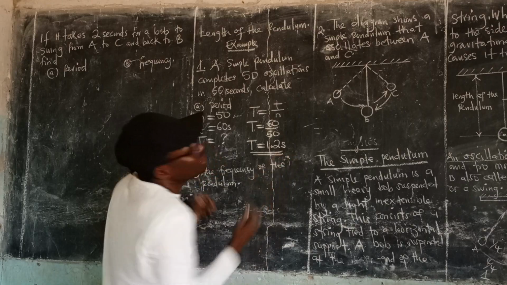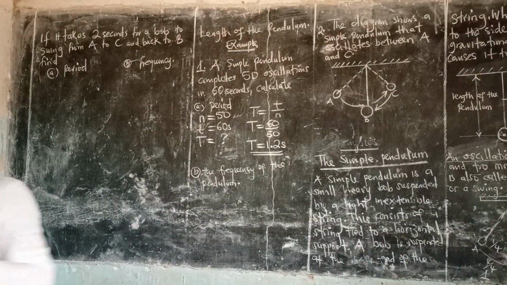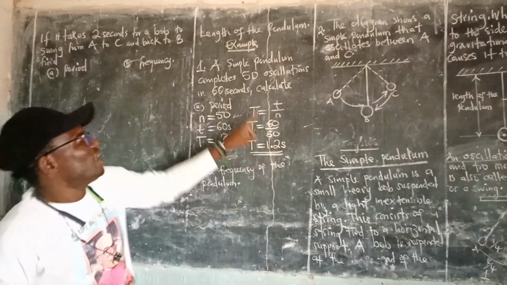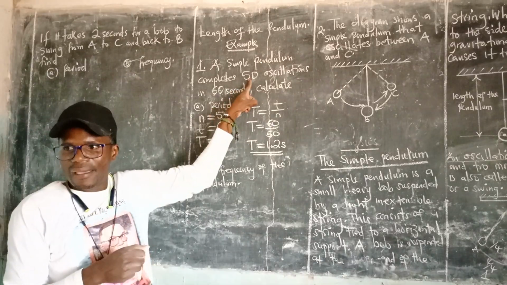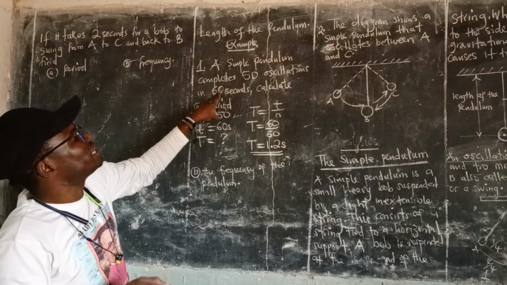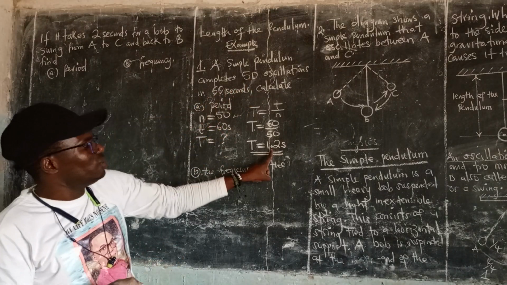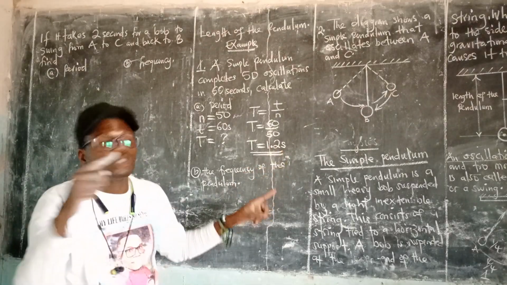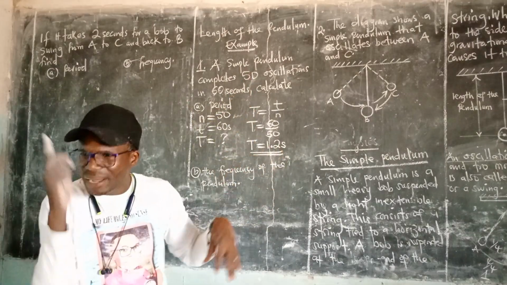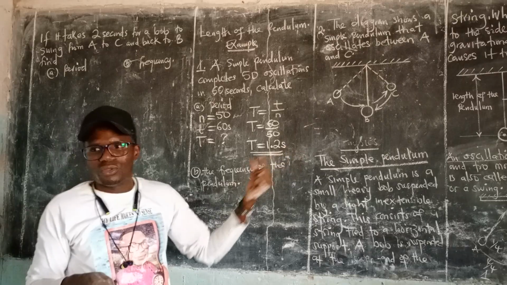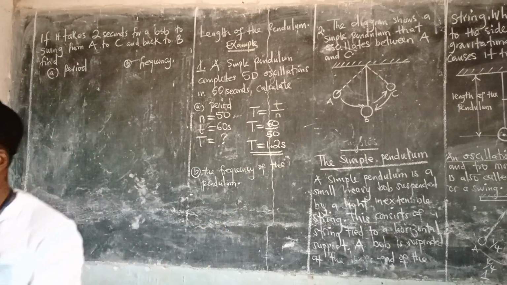So the time it will take to make one cycle is 1.2. How many cycles were made there? 50, in 60 seconds. So each one of them was taking 1.2 seconds.